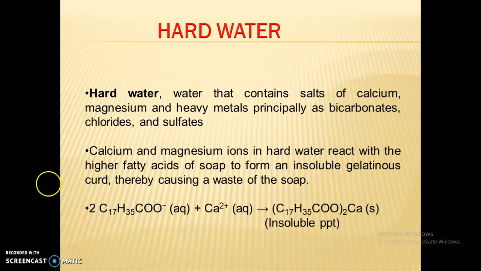Hard water means water that contains salts of calcium, magnesium and heavy metals, principally linked with bicarbonate, chloride and sulfate ions. Calcium and magnesium ions in hard water react with higher fatty acids of soap to form an insoluble gelatinous curdy precipitate.